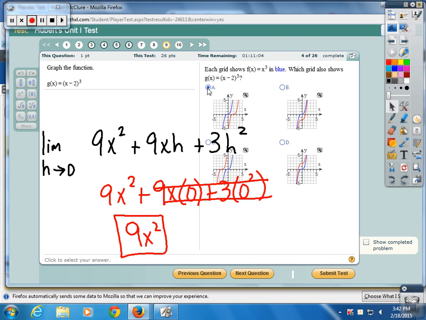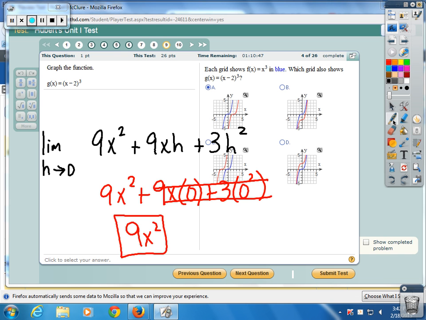All of them are going through the origin. The blues are all going through the origin. That's not a problem. But what's this one doing? It's going 2 down. Well, that's a vertical shift. That would be out here, minus 2 or minus whatever. So that's not right.